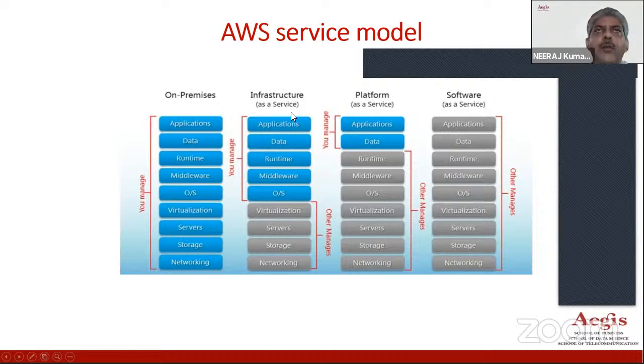They provide all kinds of infrastructure that is required for your data center, right? So virtualization, servers, storage, and networking, everything will be provided by AWS, and you only bother about the application, data, runtime, middleware, or operating system. So this kind of setup is also provided by AWS, which is called infra as a service.